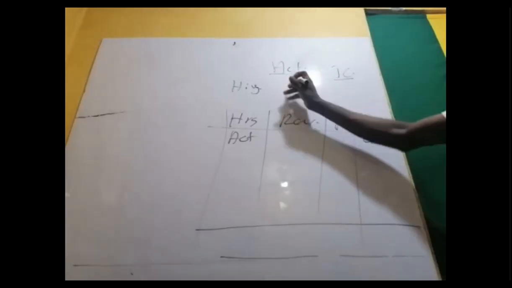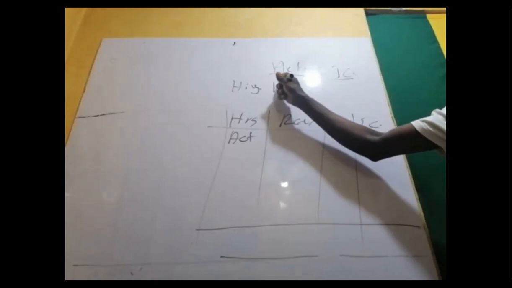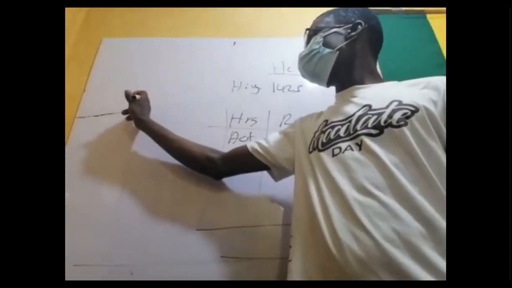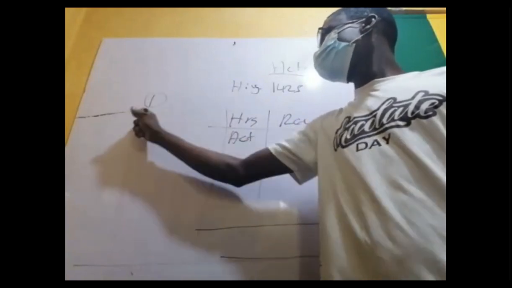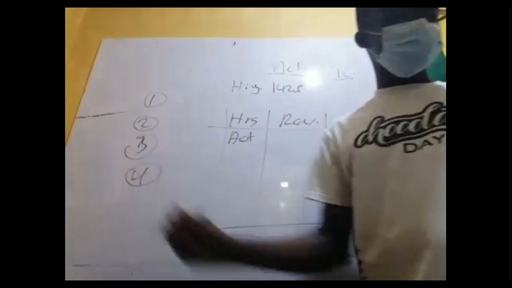The highest activity level is 1,425 hours. That is the first step that you have to do. I'll have only 4 steps, then you are done. Step 1, locate the highest activity level. Please, not the highest cost.